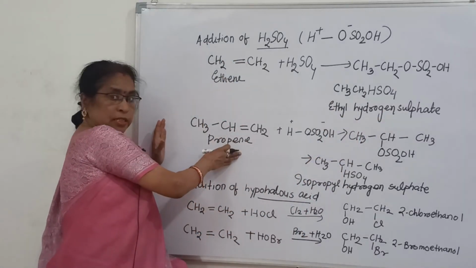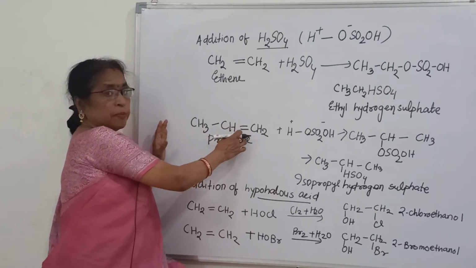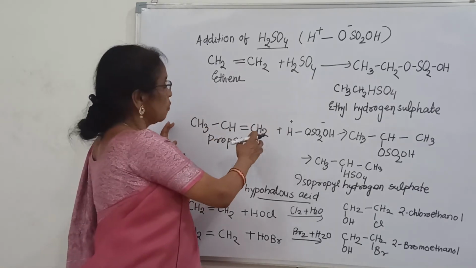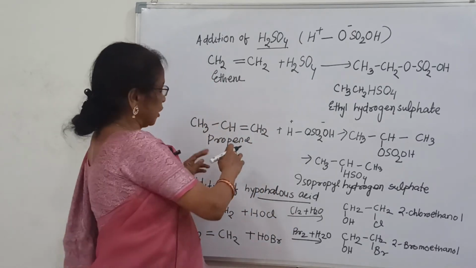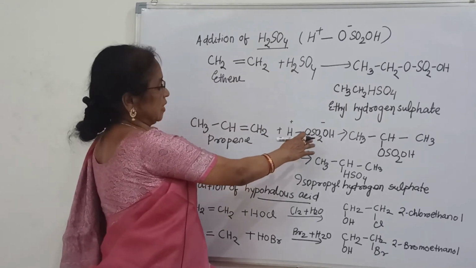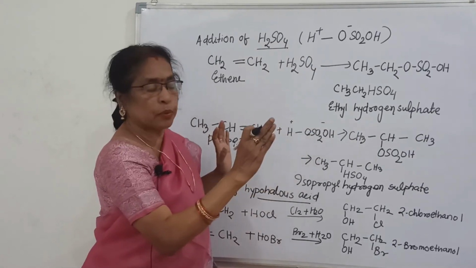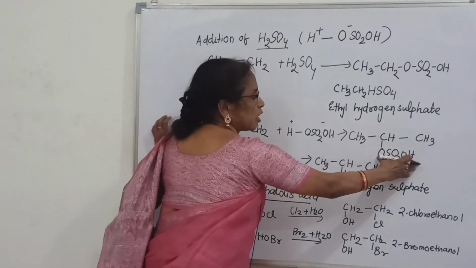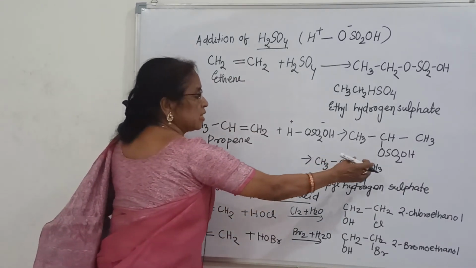If you treat an unsymmetrical alkene, that is propene, because on one side of the double bond there is 1 carbon with 2 hydrogen and on the other side 1 carbon with 1 hydrogen, that is why it is unsymmetrical. If you add sulfuric acid, which breaks into H plus and OSO2OH minus, or you can write HSO4 minus, here you write CH3, CH, with the negative part coming here and hydrogen there.